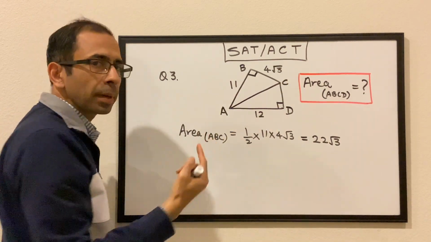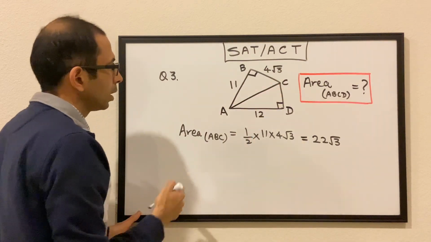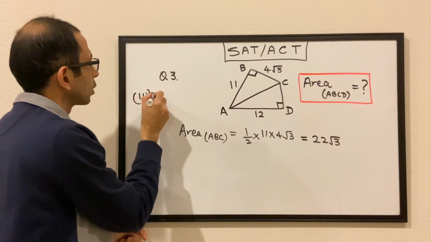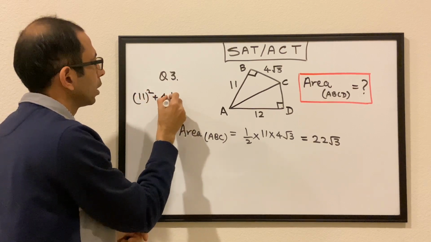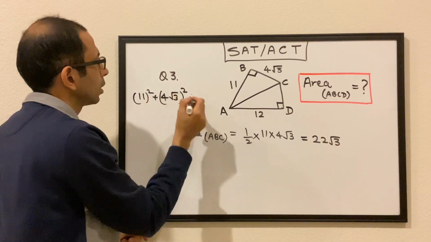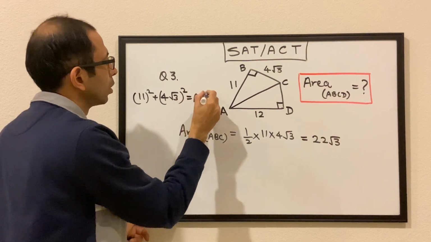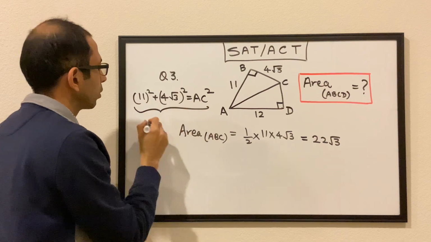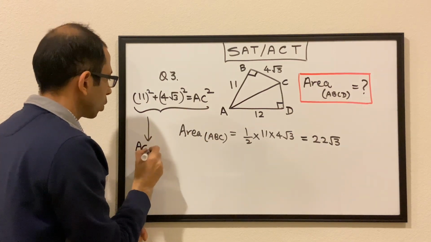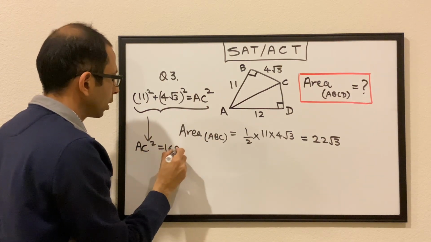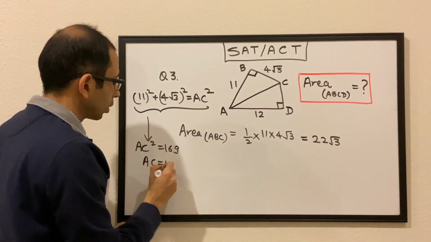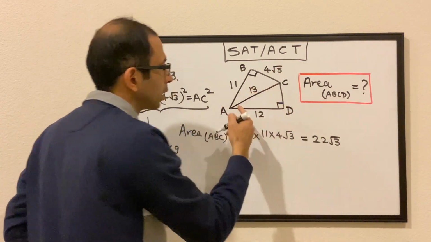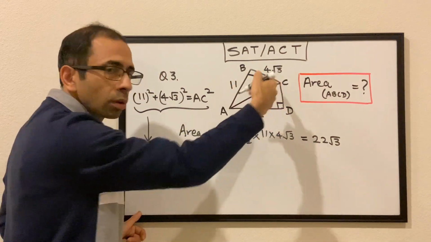Now when we apply Pythagoras theorem on the first triangle ABC, we get square of 11 plus square of 4 root 3 is equal to AC square. Hence this gives us AC square is equal to 169, or AC is equal to 13. So this side is 13, which is nothing but the hypotenuse of the lower triangle as well.